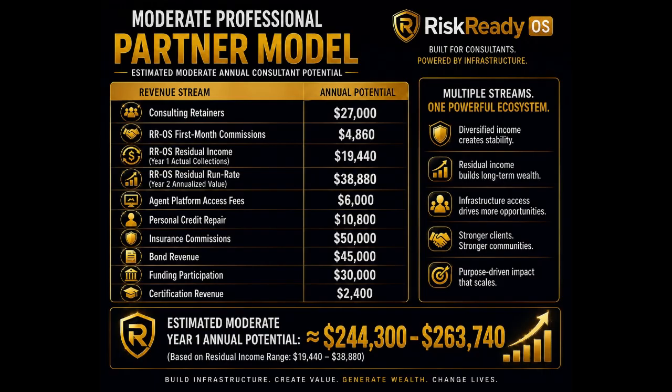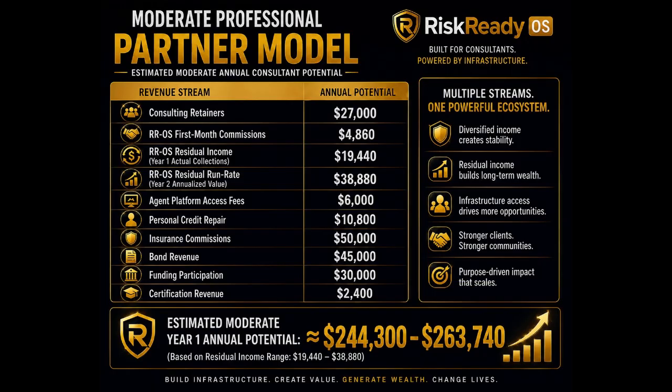This slide brings the model together. A moderate professional partner can generate income from consulting retainers, first-month commissions, residual income, agent platform access fees, personal credit repair, insurance commissions, bond revenue, funding participation, and certification revenue. In this example, the estimated moderate year-one annual potential is approximately $244,300 to $263,740.